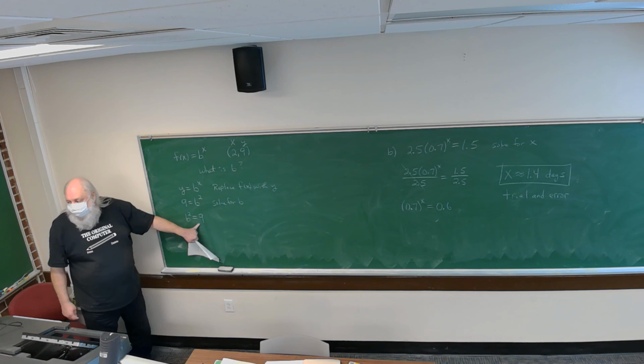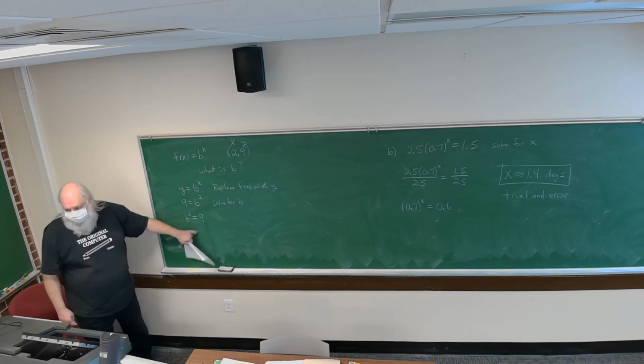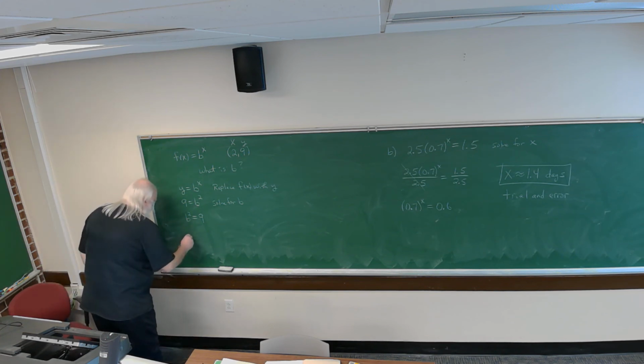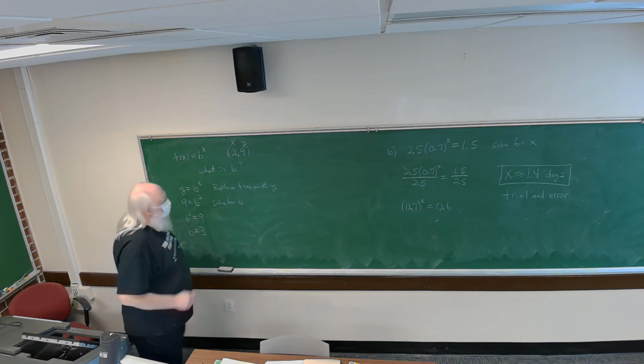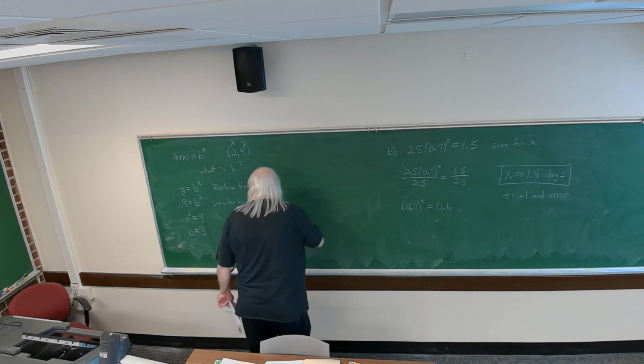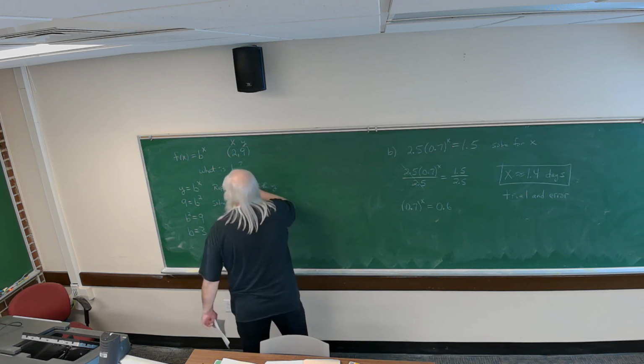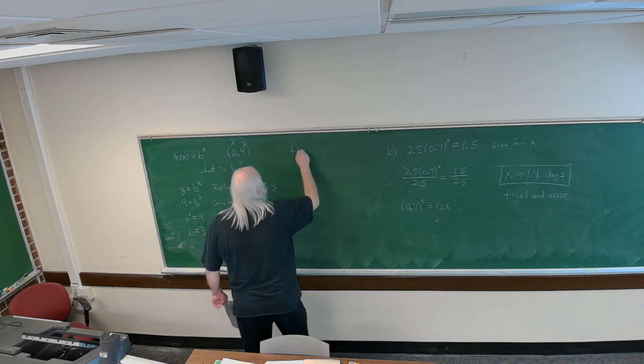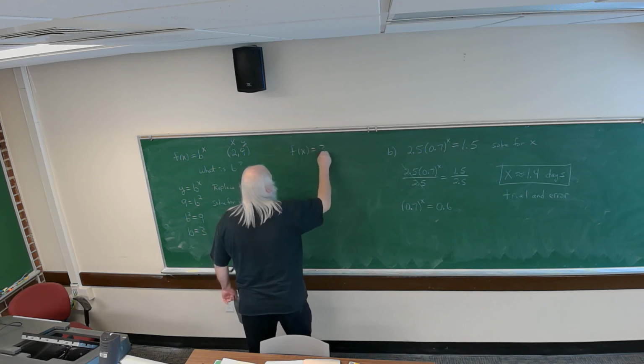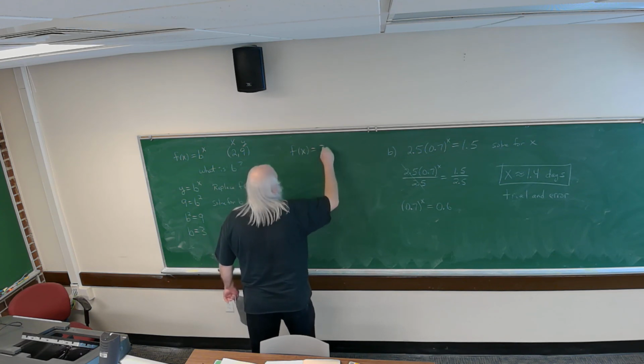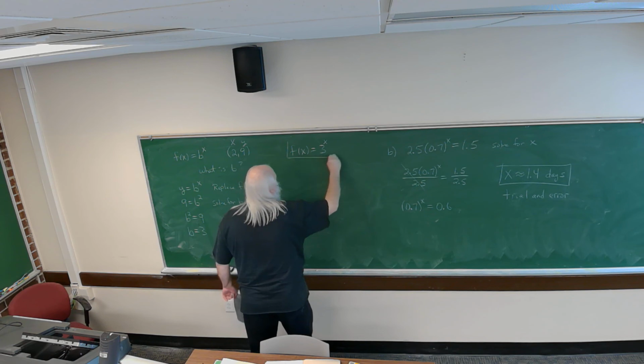So we can only take the positive square root of both sides. Can't take the negative. And so we get b is equal to 3 when we take the square root of both sides. And so now we replace b and f of x with 3. We have f of x is equal to 3 to the x power.